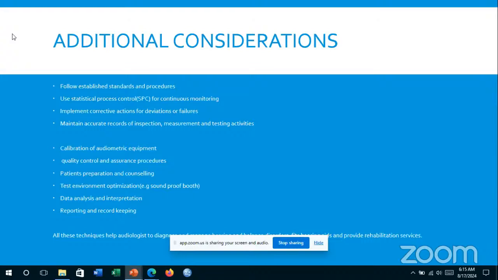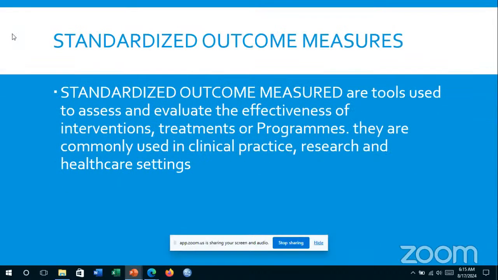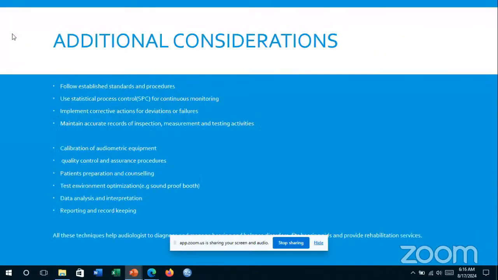Then you have to show empathy and understanding to the patient as well. All this will help in implementing what you have achieved from inspecting techniques, testing techniques, and the measuring techniques.